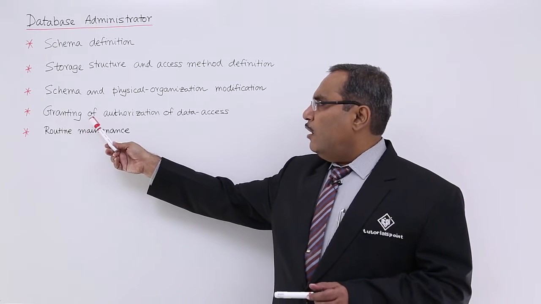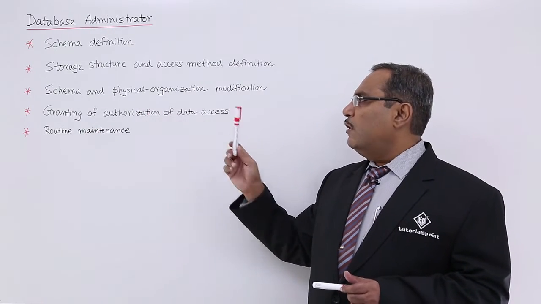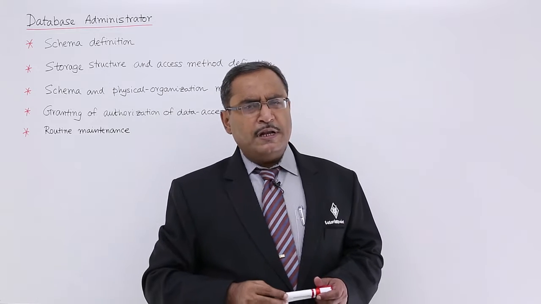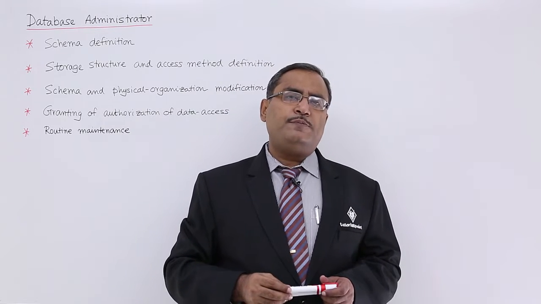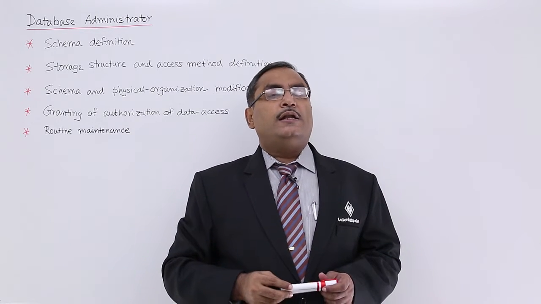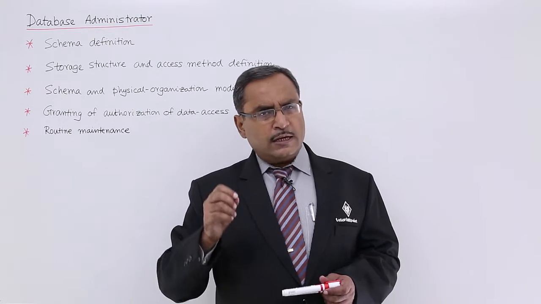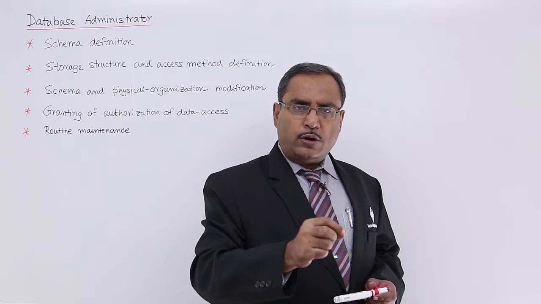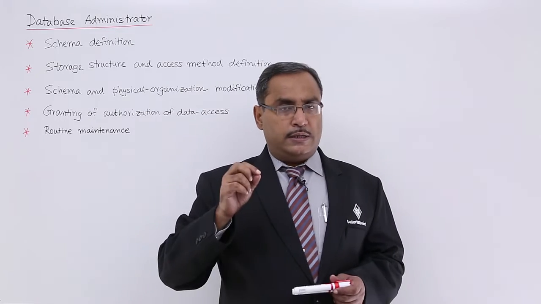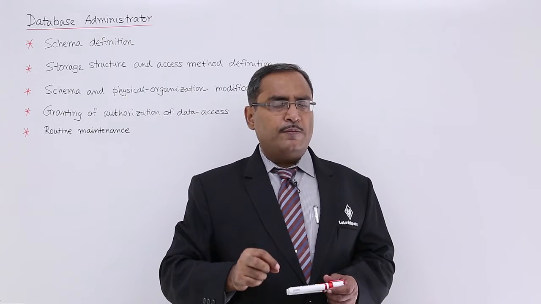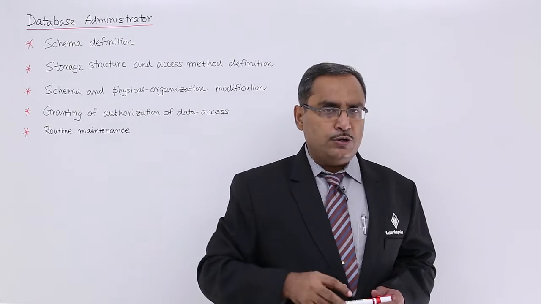Granting of authorizations of data access. Different users will have different types of authorizations, different permissions granted. That means a certain user can do read and write operations on table 1, but that very user can perform only the read operation on table 2.